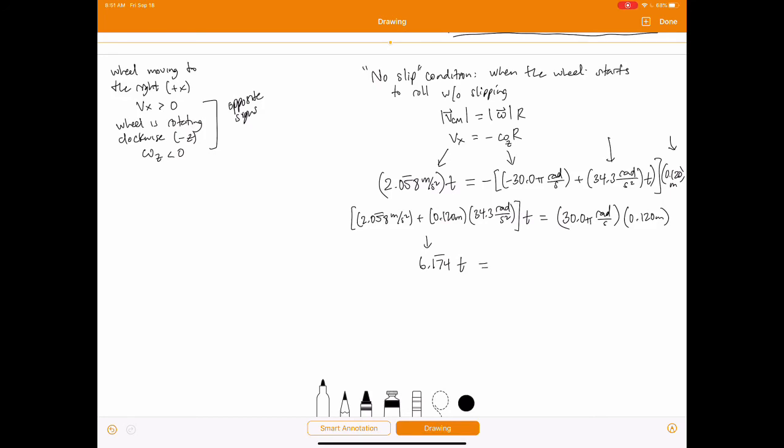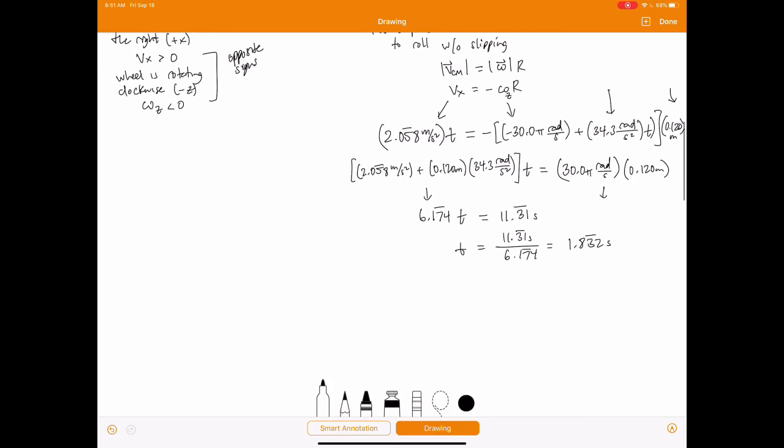On the other side of the equation, if you calculate 30 pi times 0.12, that comes out to 11.31. Okay, so now when we solve for t, we get 11.31 divided by 6.174, which gives us 1.832 seconds.